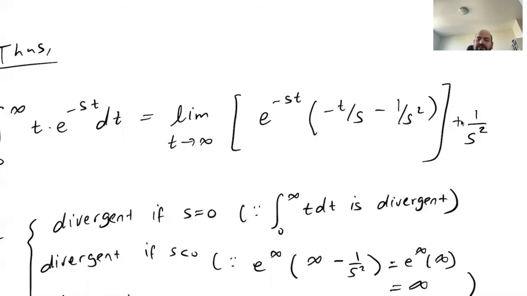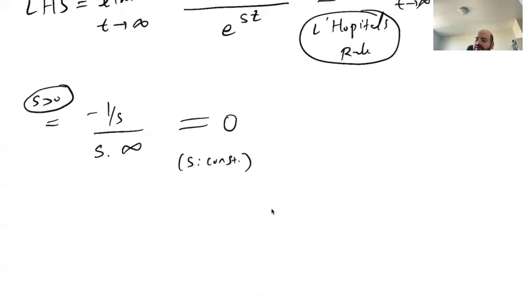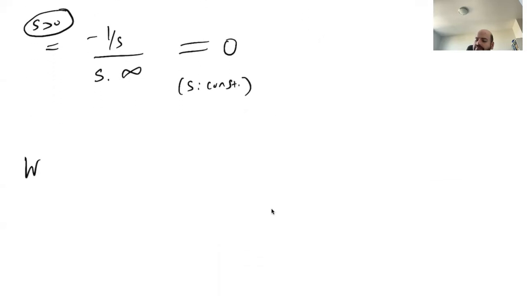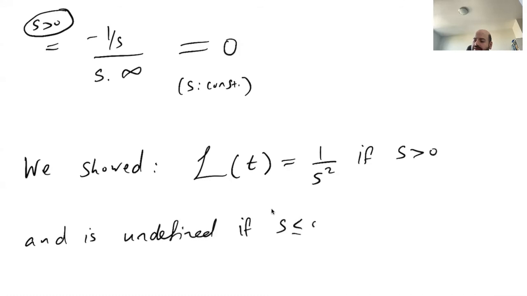If s is positive, 0 plus 1 over s squared will be 1 over s squared. So overall, what did we show? We showed that the Laplace transform of t is equal to 1 over s squared if s is positive, and is undefined if s is less than or equal to 0.